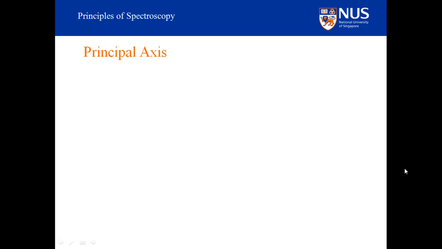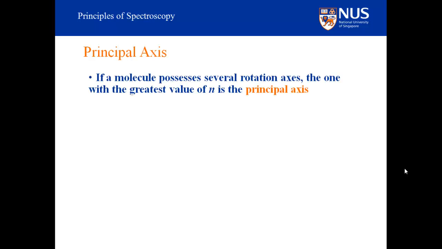We can see that some molecules have rotation axes with different values of n. For such molecules, we can define the principal axis, which is the axis which has the greatest value of n. So for methane, the C3 axis is the principal axis. It is not how many C3 axes or how many C2 axes the molecule has that defines the principal axis, but the axis with the greatest value of n.